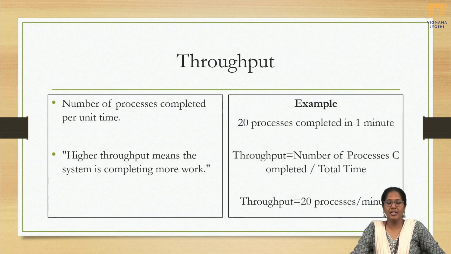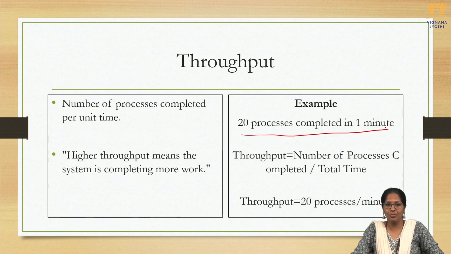The second scheduling criterion is throughput. Throughput refers to the number of processes completed by the CPU in a given period of time. In simple terms, it tells us how much work the system is able to complete within a specific duration. Let us understand this with a simple example. Suppose a computer system completes 20 processes in a minute.